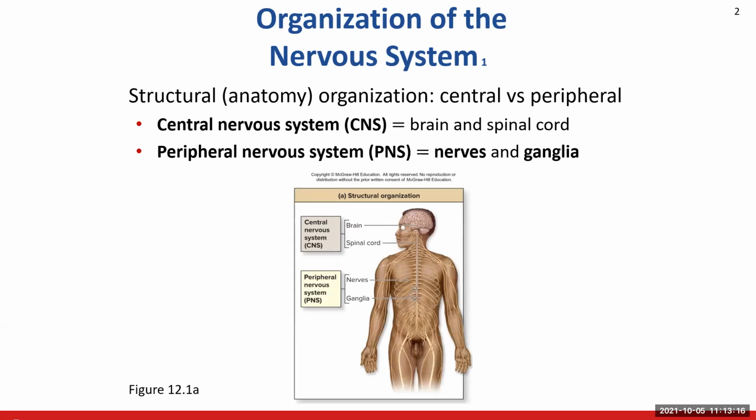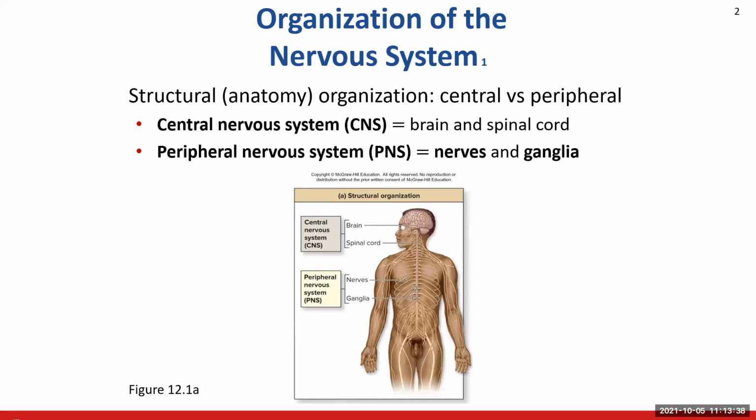And so we break it down into two parts: the central nervous system, which you've heard me mention many times, which is the brain and the spinal cord. And then we have the peripheral nervous system, which is everything else outside of the brain and spinal cord. So that includes what we call nerves and ganglia. And we're going to go through some of these definitions in more detail.